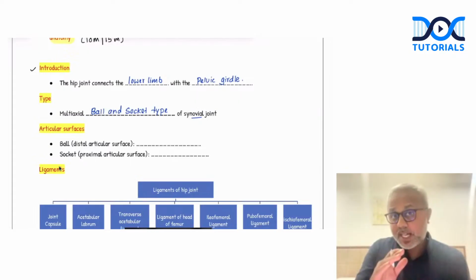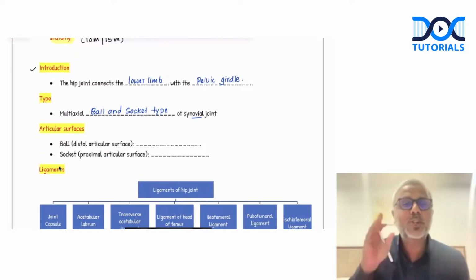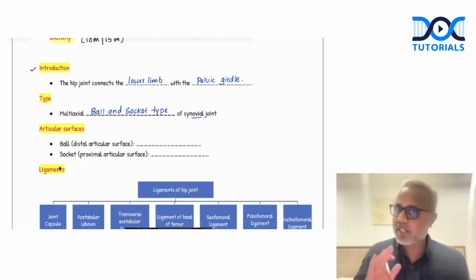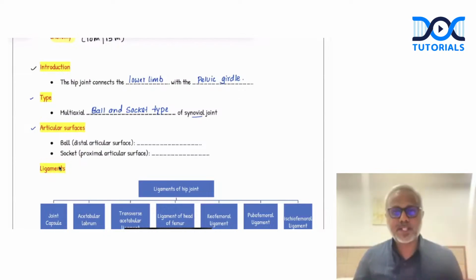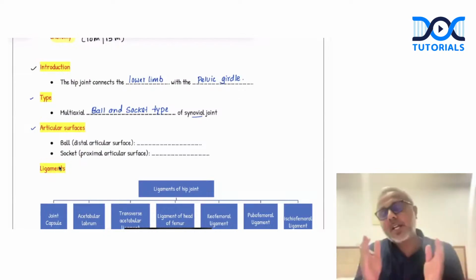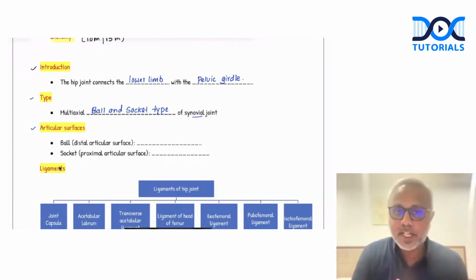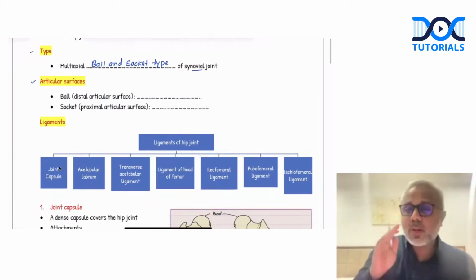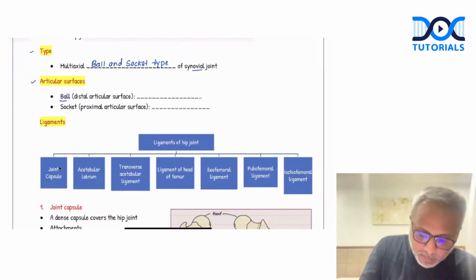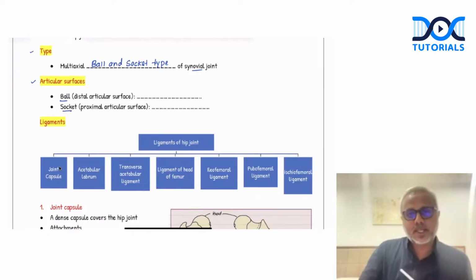Whether you write multi-axial or synovial is secondary, but what you should never miss is that this is an example of a ball and socket type of joint. Done. Then what are the articulating surfaces? We need to mention the proximal and the distal articulating surfaces. The articulating surfaces include a ball and a socket.